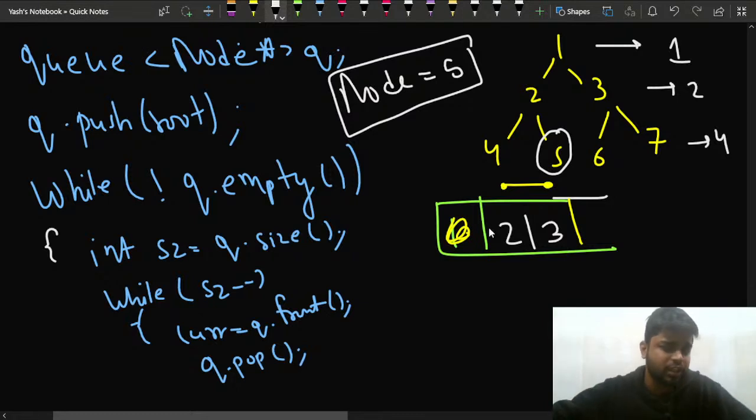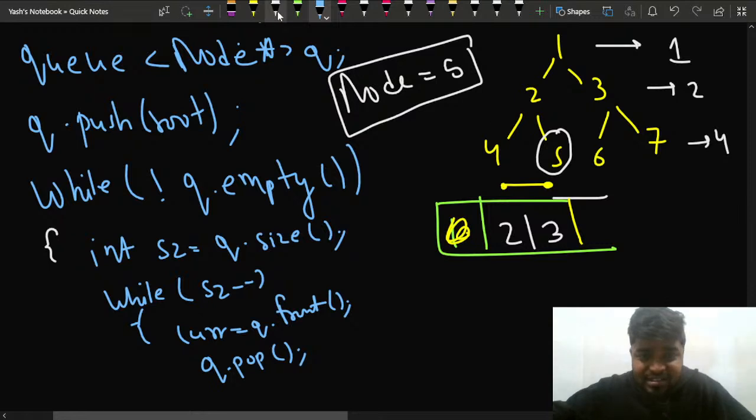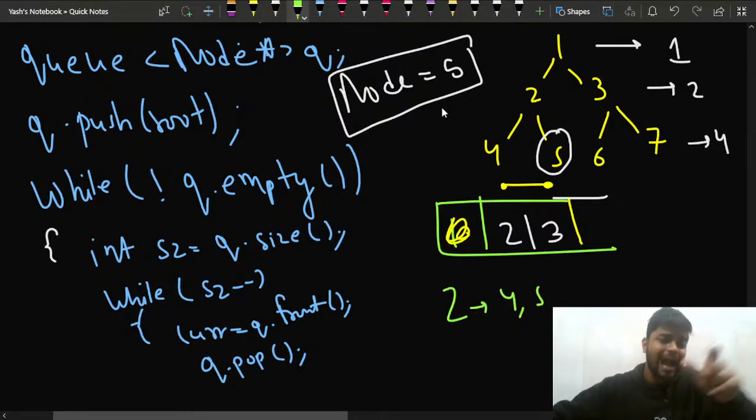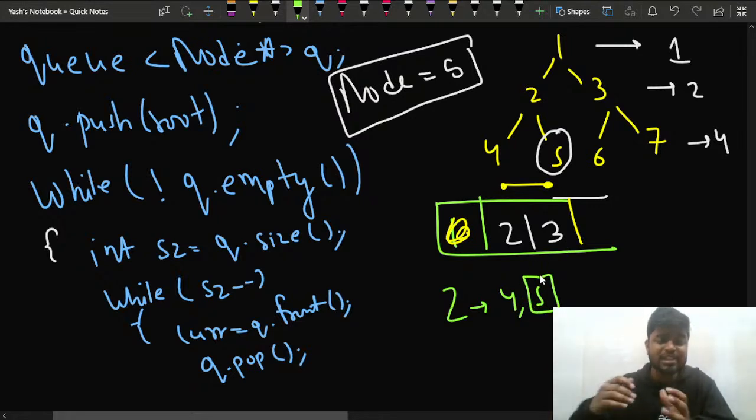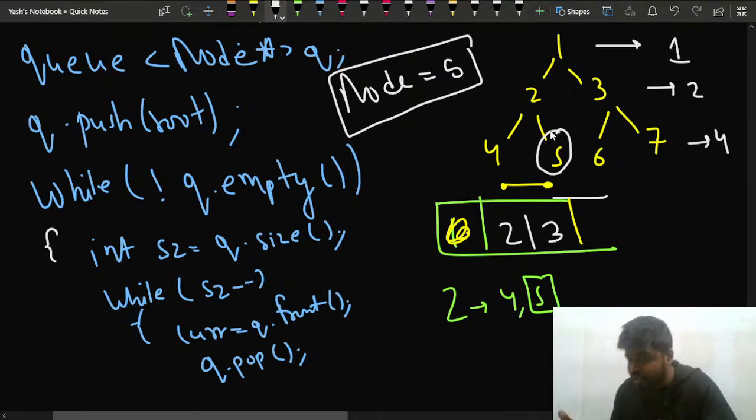Can I say that if I'm checking for 2, if its left child or the right child is the node for which I want the cousins to be found, if 2 is having children 4 and 5, and 5 is the node for which I want to find its cousins, that means all the siblings of 5 will not be in my answer. So I'll not be pushing them into my answer.